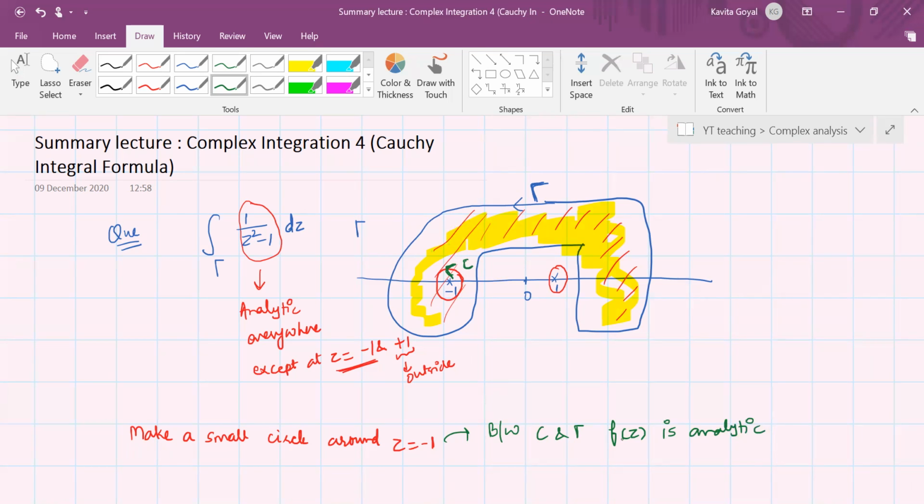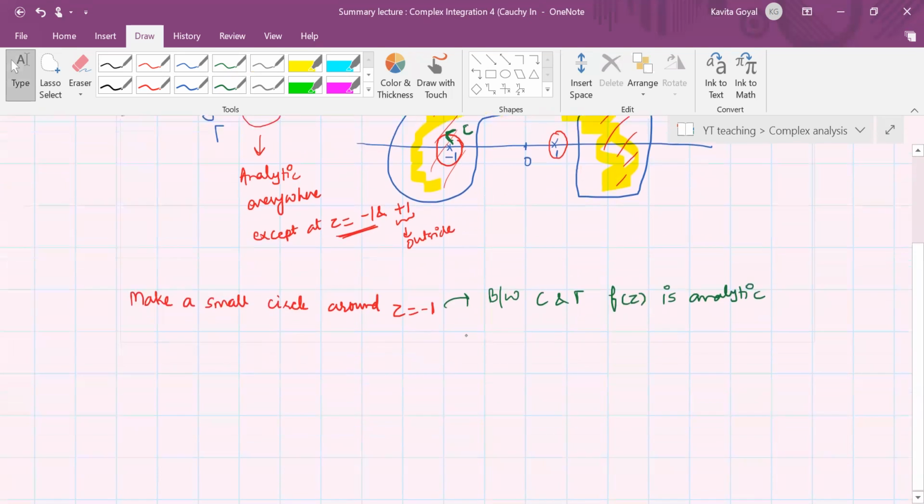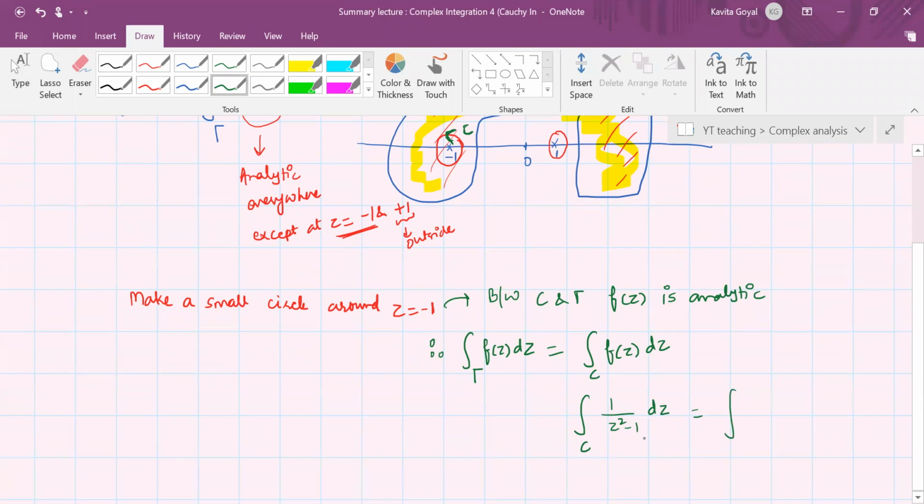Therefore, the integral along gamma is the same as the integral along C. Now your function is 1 upon z square minus 1 dz. You can make partial fractions.